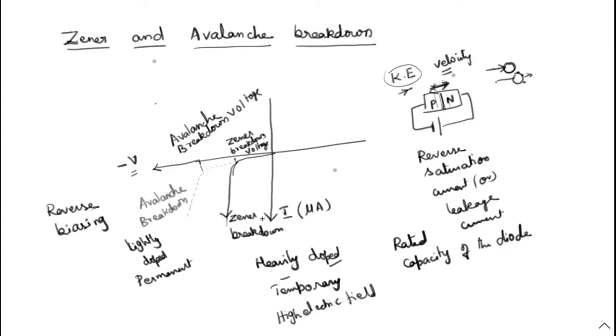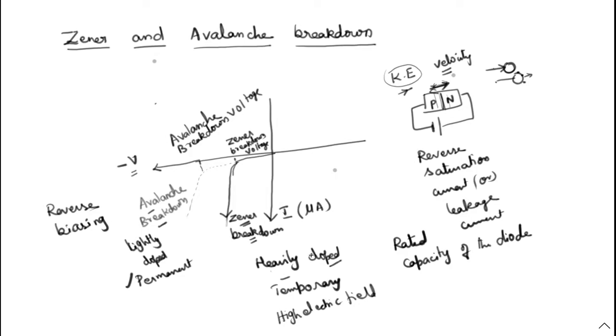Thus, listen carefully, as long as the current in the diode is limited, the Zener diode will not destroy the junction. But the avalanche breakdown destroys the junction. This is the permanent one. This is the difference between them.